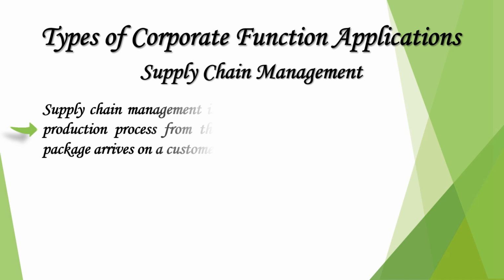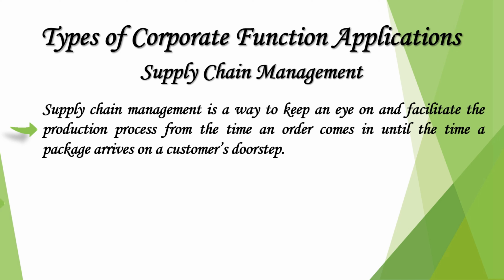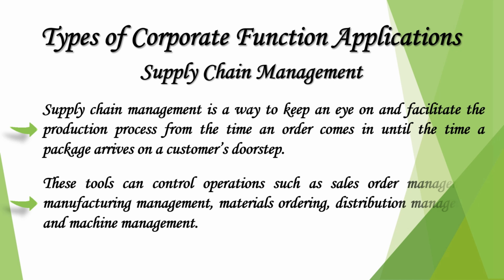Supply chain management. Supply chain management is a way to keep an eye on and facilitate the production process from the time an order comes in until the time a package arrives on a customer's doorstep. These tools can control operations such as sales order management, manufacturing management, materials ordering, distribution management and machine management.